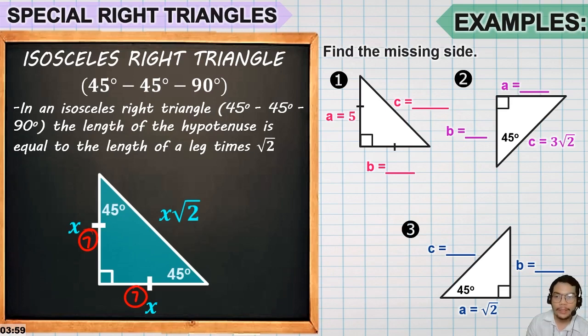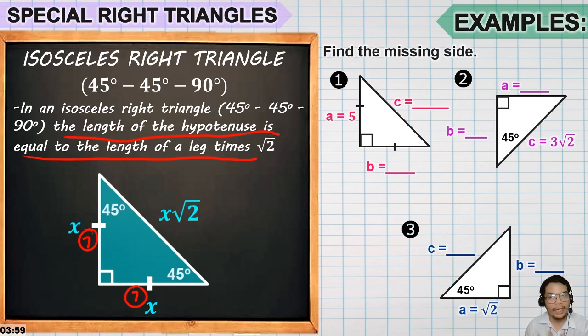Ayan. So, another idea why it is special compared to other right triangles is that the length of the hypotenuse is equal to the length of the leg times the square root of 2. Usually, when we are dealing with right triangles and we are to identify the measurement of a missing side, ang ginagawa natin madalas ay gumagamit tayo ng Pythagorean theorem.